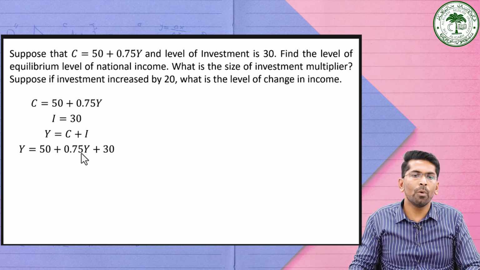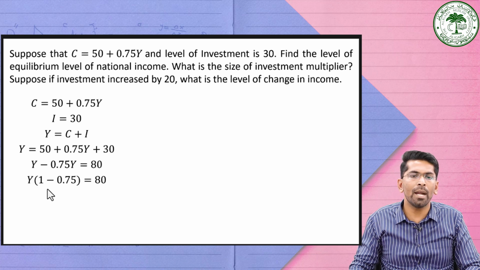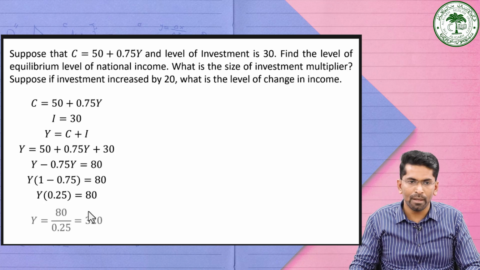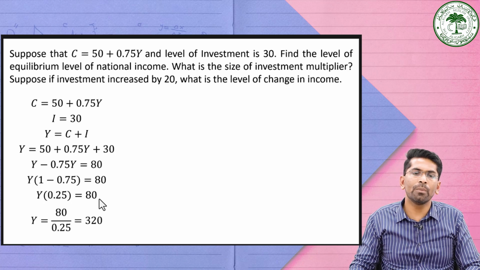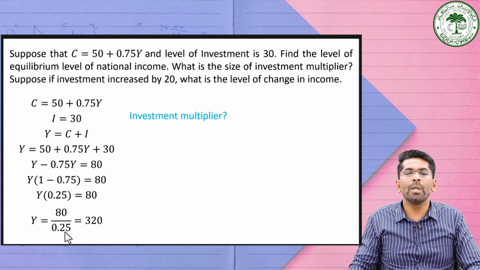So the Y term I am going to take to the left hand side of the equation, so it becomes minus 0.75 Y. The Y term is common here, so taking it outside, 1 minus 0.75 is equal to 80. 1 minus 0.75 is 0.25, so 0.25 Y is equal to 80. Then dividing both sides of the equation by 0.25, Y is equal to 320. Now this is the equilibrium level of income.